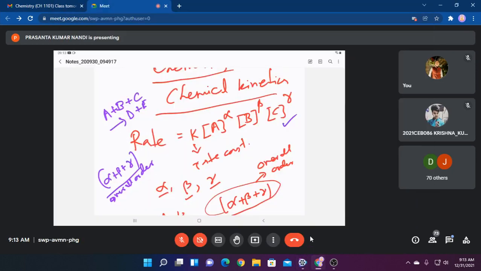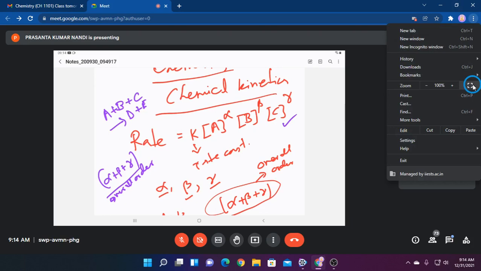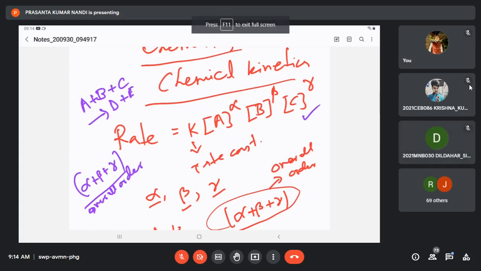Now, how do we find out these exponents, that is alpha, beta, and gamma? In general, these quantities are determined from experimental measurement of the kinetics of that particular reaction.